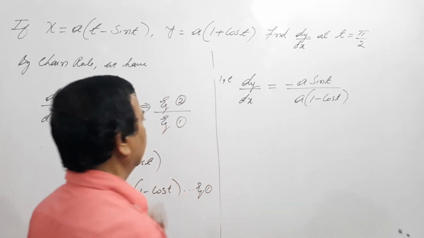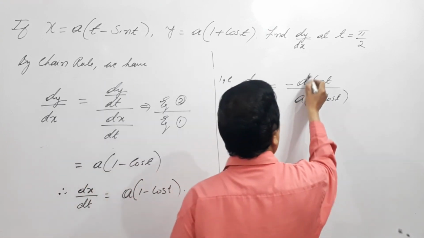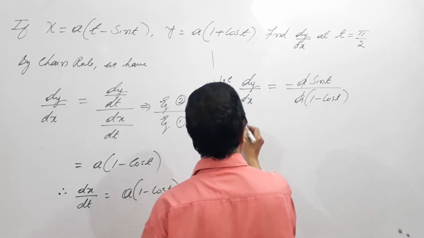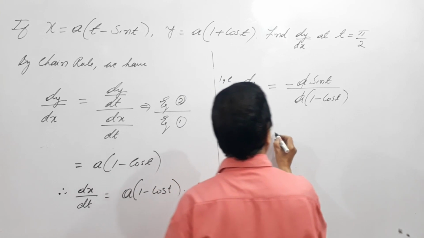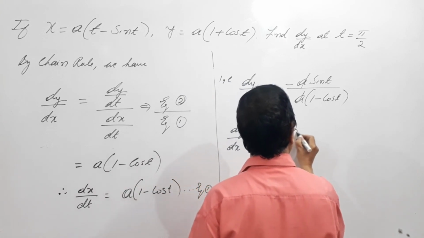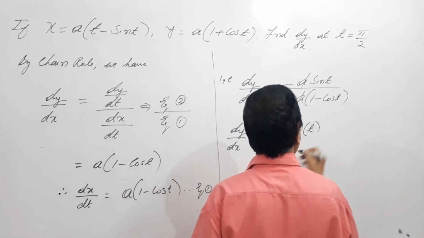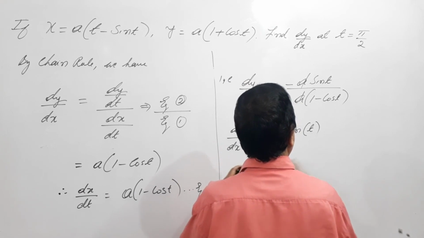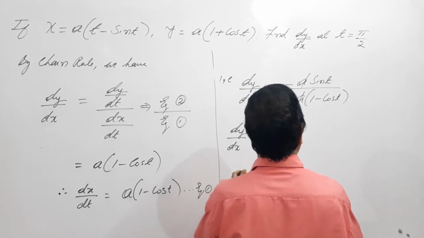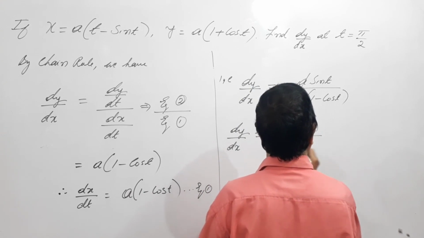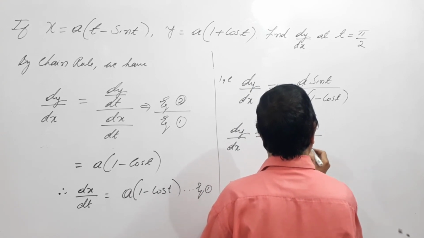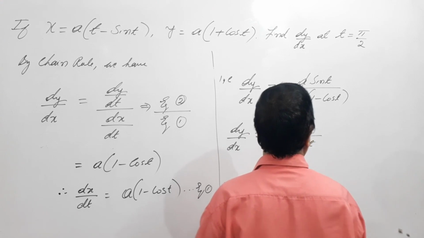So what happens here? A and a cancel. So dy by dx equals minus sin t divided by 1 minus cos t.